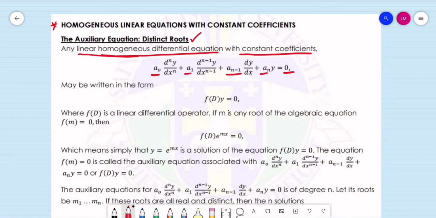So we can rewrite this expression to a shorter one, that is f of D multiplied by y equal to 0. So basically f of D is a linear differential operator. So if m is any root of the algebraic equation, then we have f of m equal to 0, since m is a root.